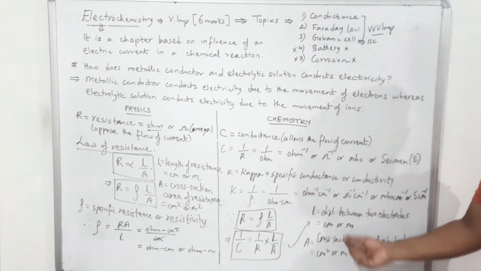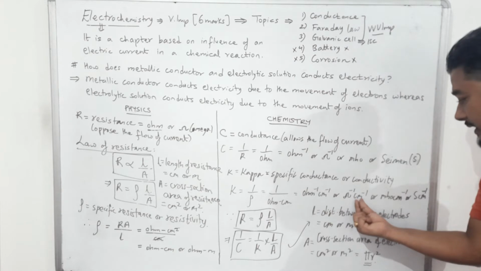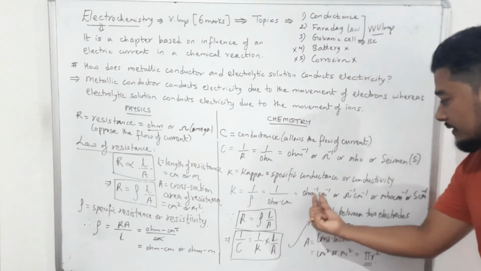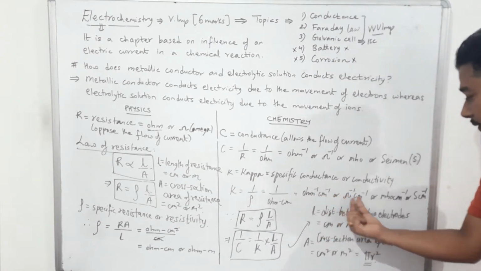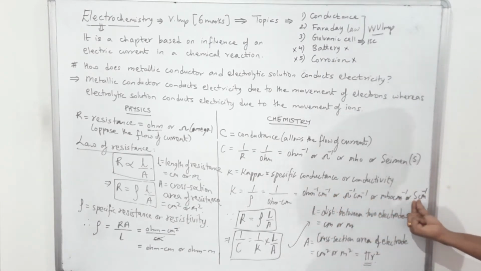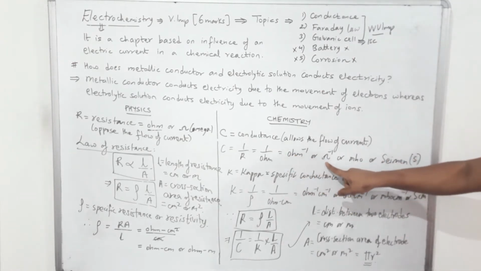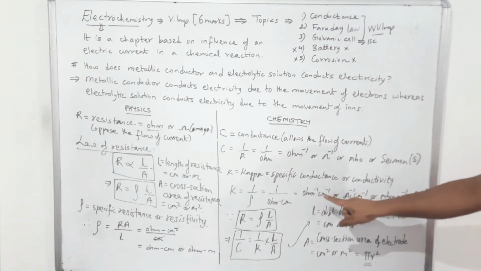Now you can see out here, students, I am keeping centimeter inverse the same. But I can replace this ohm inverse with omega inverse, with mho or with Siemens. That is what I have done here.